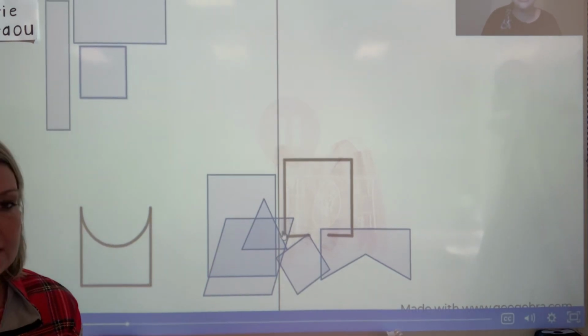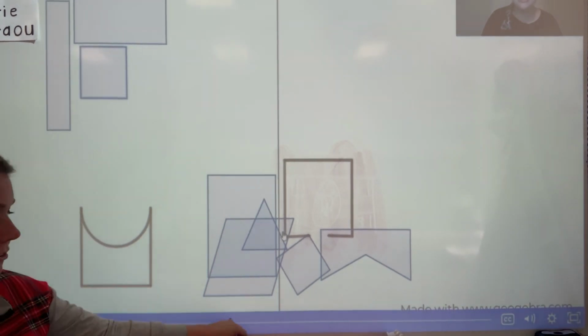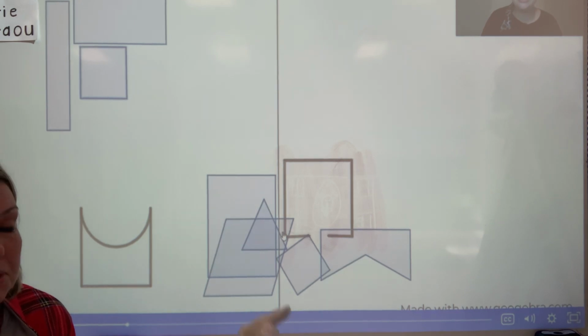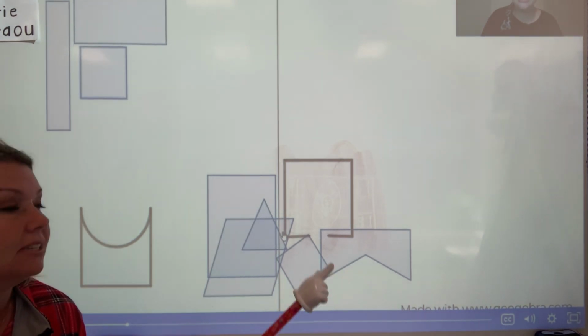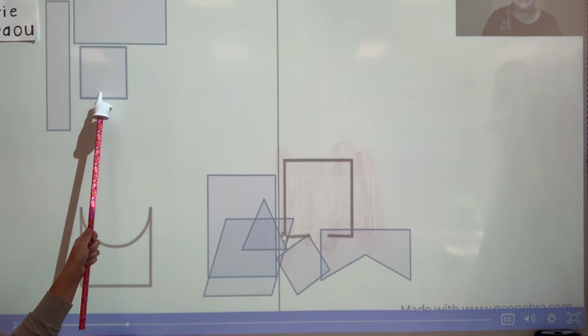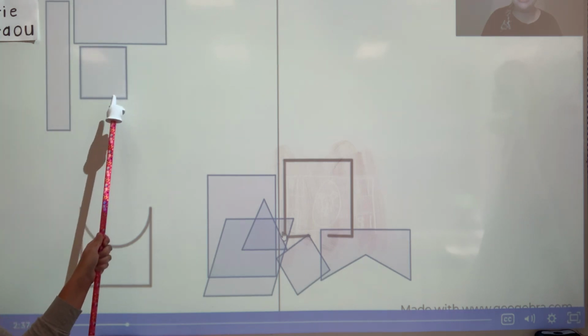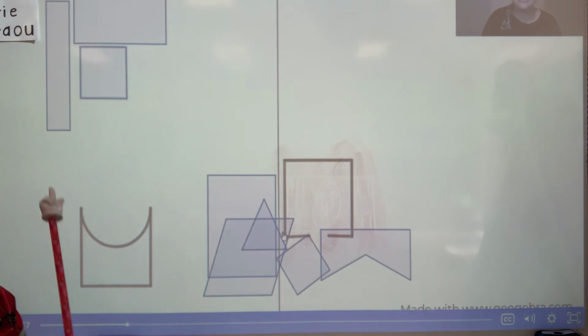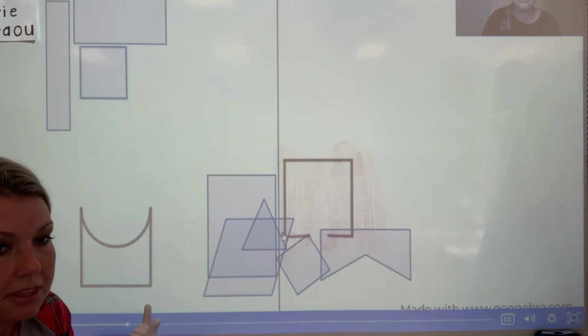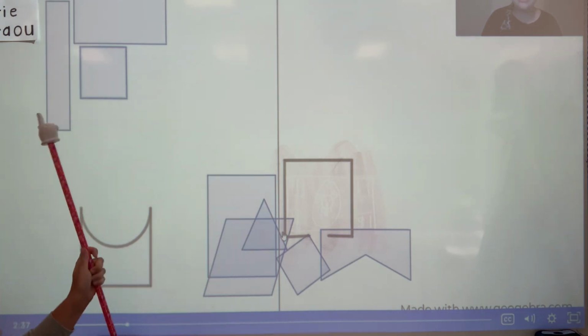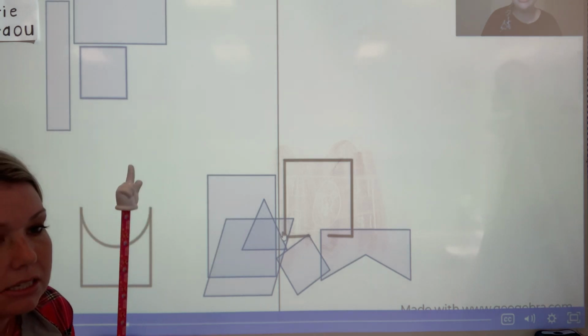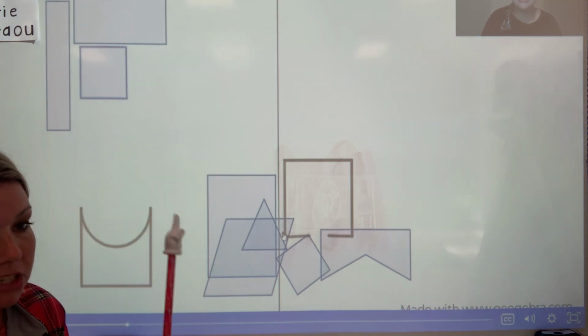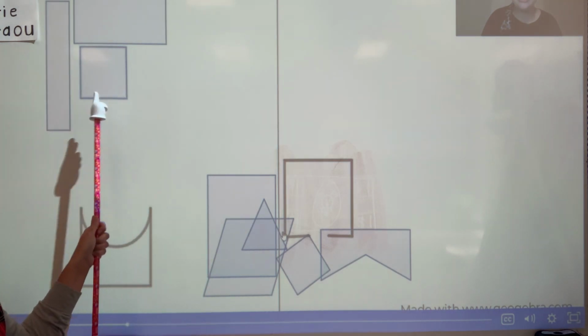Okay, this is tricky, you guys. I know this is tricky for you. So, Anya was exactly right, and that's what Miss Hawkins said. It has four sides and four corners, but like Anya said, they're all equal. Equal means the same. So they're all the same sides. That is still a rectangle, but it's special. It's special because all the sides are equal.